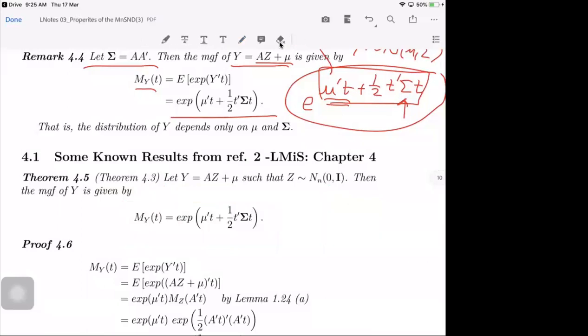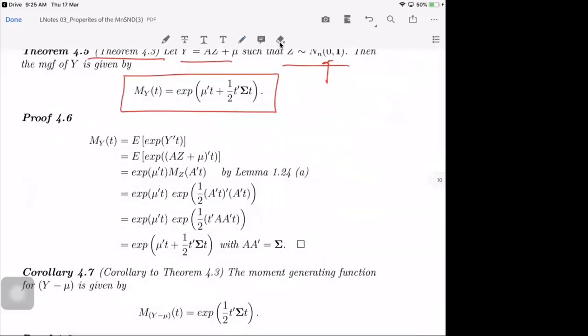So for the proof, this is by definition of the moment generating function. The moment generating function of a random variable Y is the expectation of the exponential of Y prime t. How you define Y, you substitute it there.